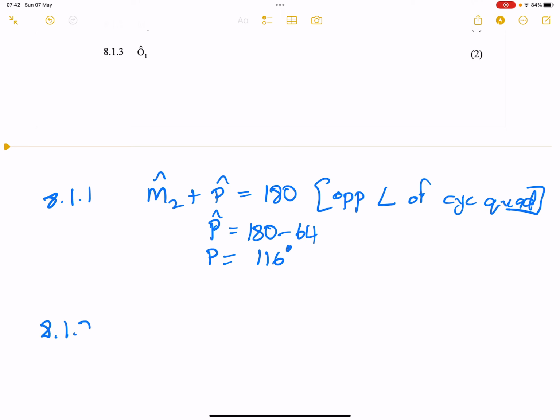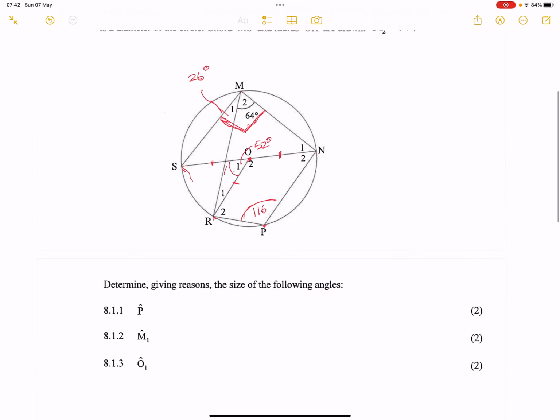So that's the value of P. Now 8.1.2: how are we going to get that value? They're looking for M1. You remember how we went about M1. We said M1 plus M2 are equal to 90 degrees, and that is because SN is a diameter.